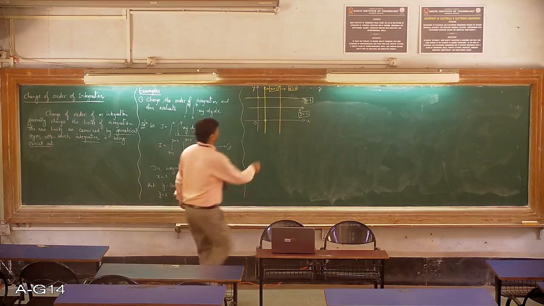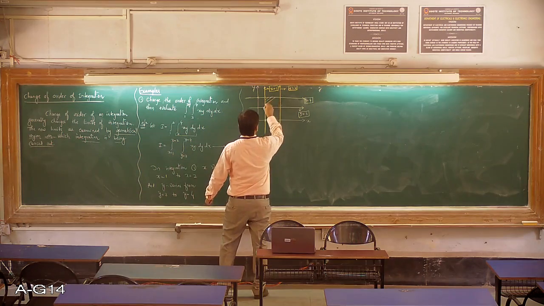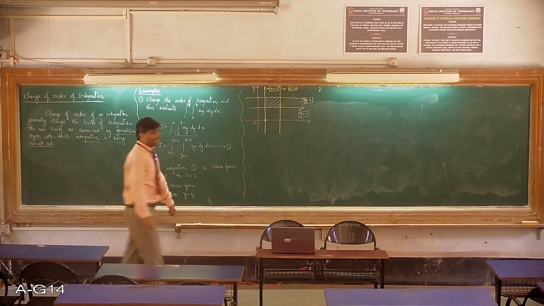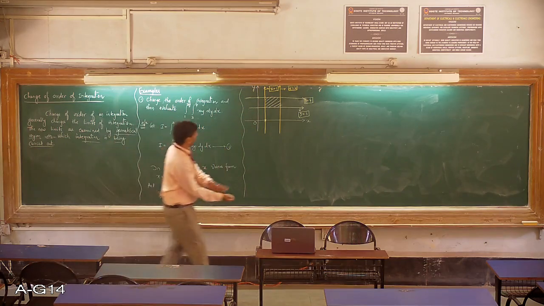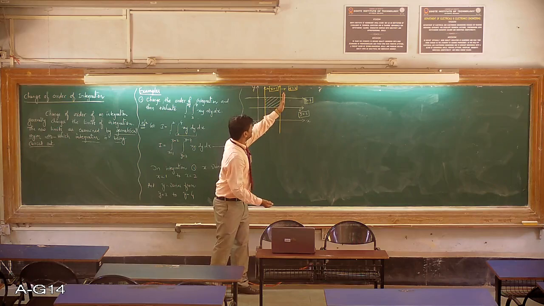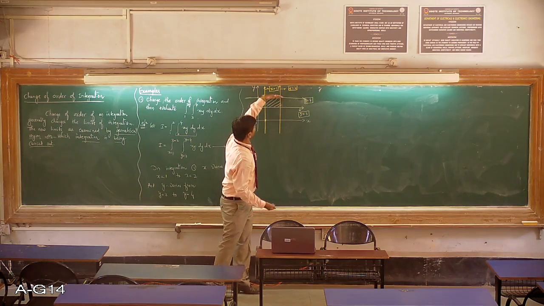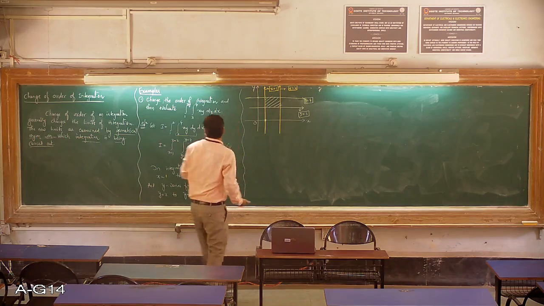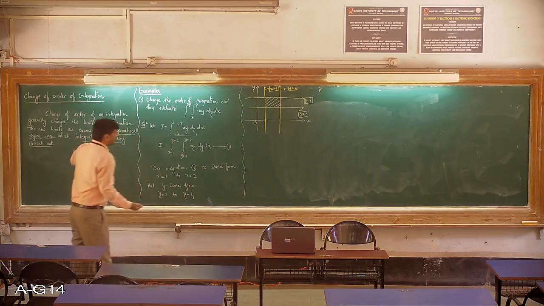One can very easily understand. So this is the area bounded by x equals 1, x equals 2, y equals 3, and y equals 4. This is the common region over which we are going to carry out the integration.